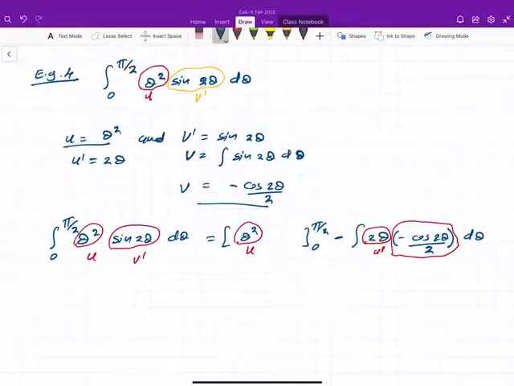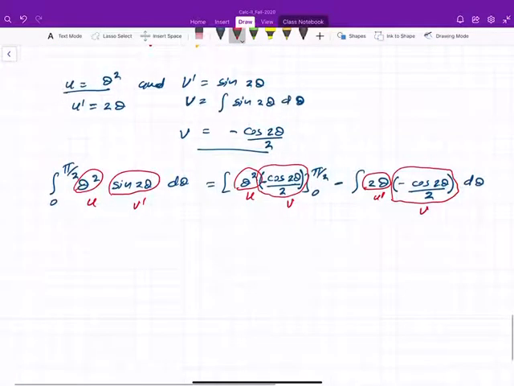And here what I am supposed to write is minus cos 2 theta over 2, with the minus sign in front. This is v. Okay, now go forward.